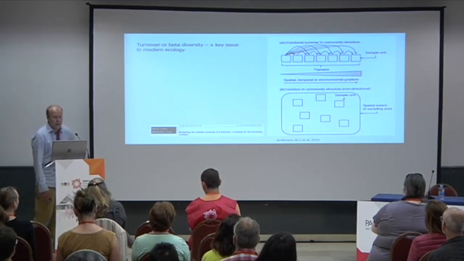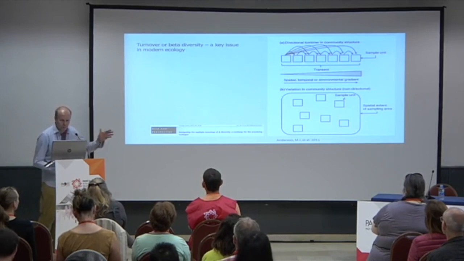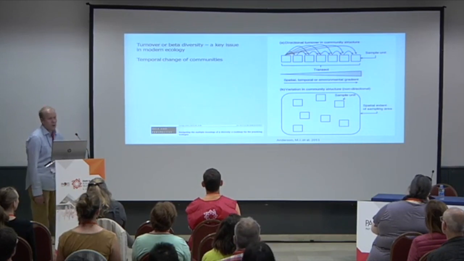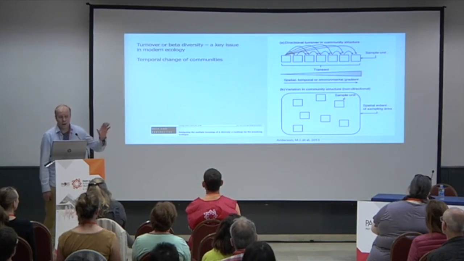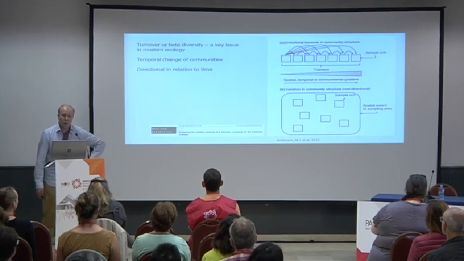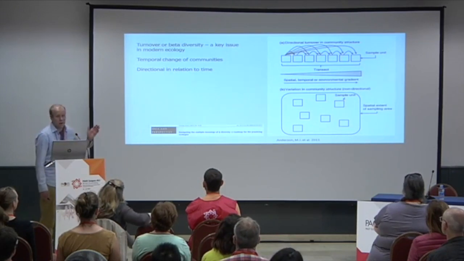When we are dealing with paleoecological data, it's a little different than spatial diversity. Obviously, we are mostly looking at temporal change of communities, because we are working in time. In this case, if the samples are temporally arranged from the oldest to youngest, or vice versa, they are directional in relation to time.